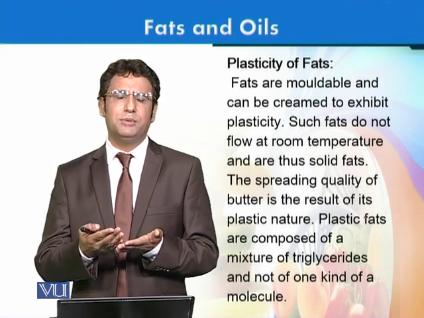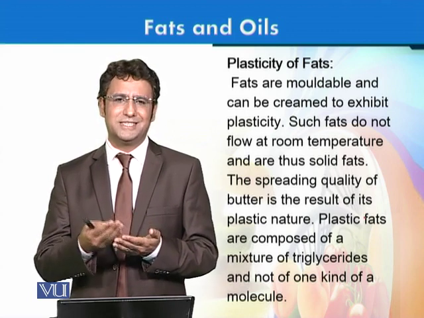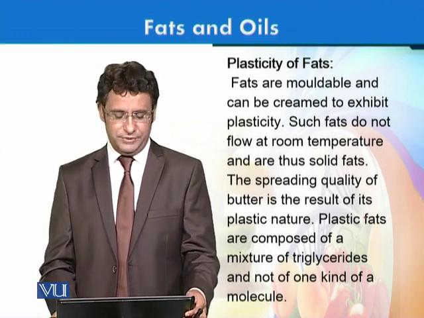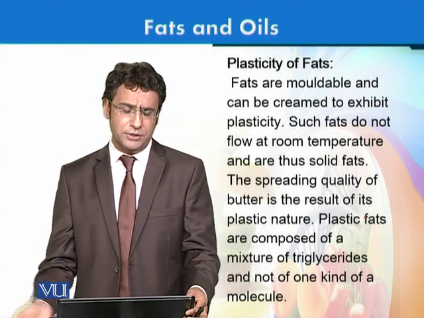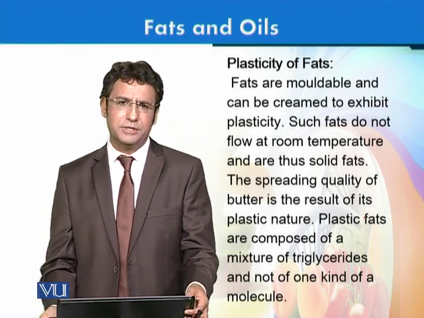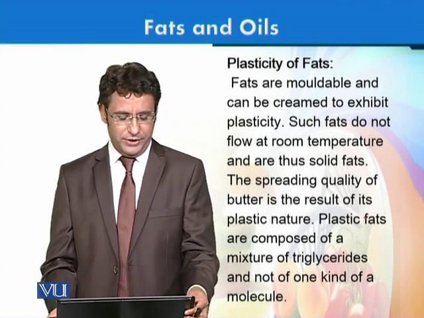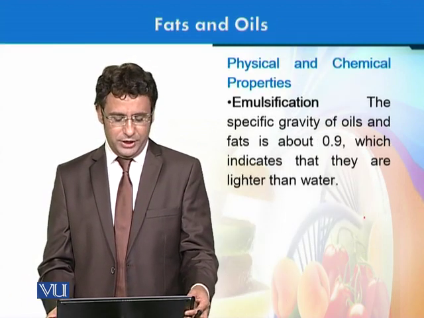They would be more moldable, they would have a plastic nature, and they can be easily spread over the food surface. So this is one of the important criteria for selection for fats in different end products.